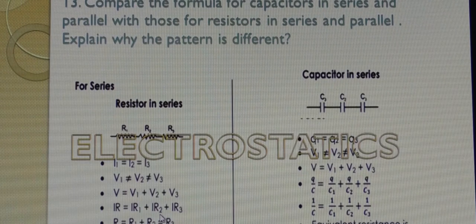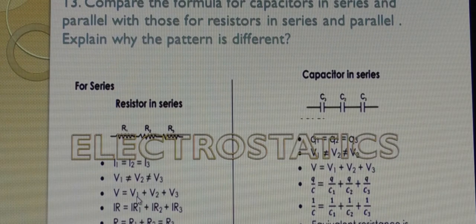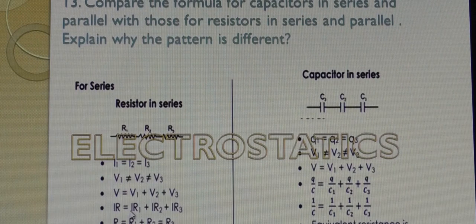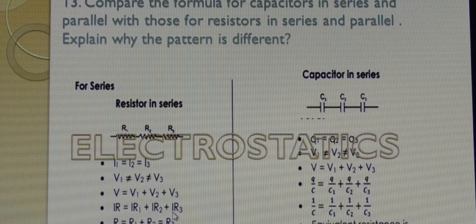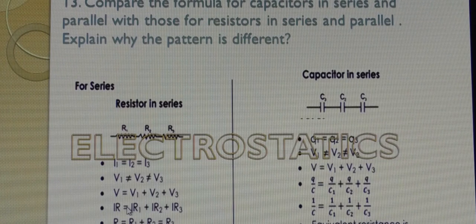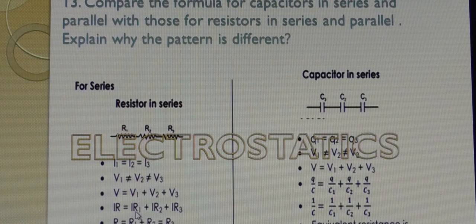So using all these values in this equation, in this step we take I as common. What would be left inside? R1 plus R2 plus R3. So we write I outside the bracket, and inside the bracket R1 plus R2 plus R3.